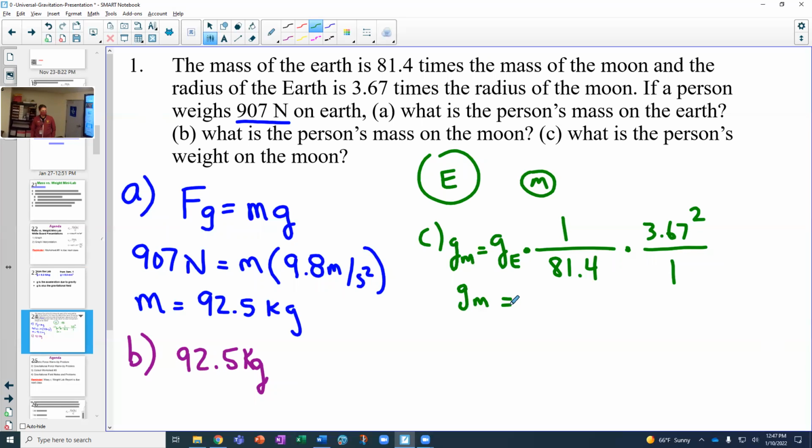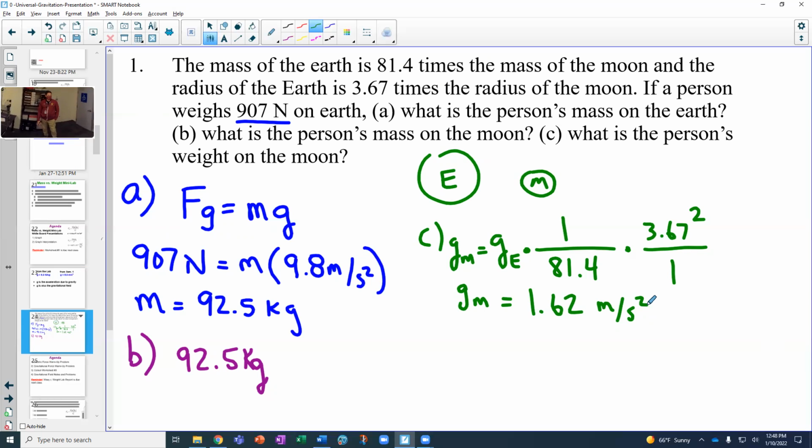Something around 1.6. I think I got like 1.62 or something like that. You just take 9.8 divided by 81.4 and then multiplied by 3.67 squared.